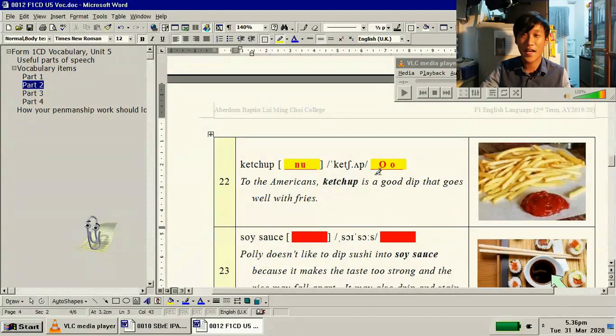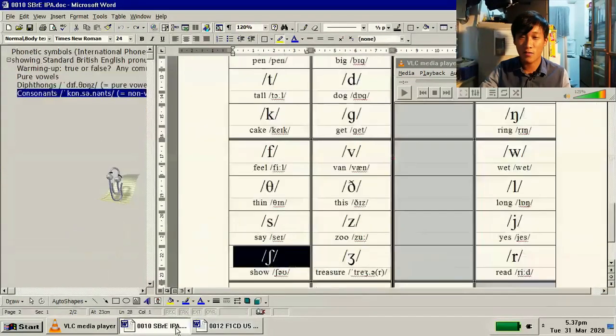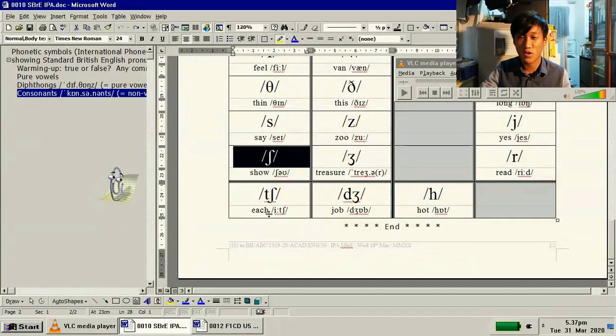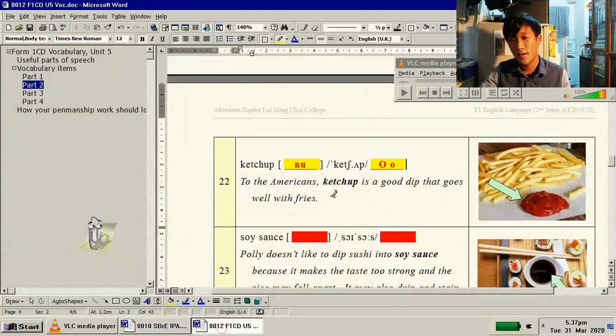Don't say "ketchup" that way. It is very Cantonese. We say ketchup, da da. You see the ch sound in the word ketchup. The ch sound is unvoiced. So to the Americans, that means people in the USA, the United States of America, ketchup is a good dip that goes well with fries.